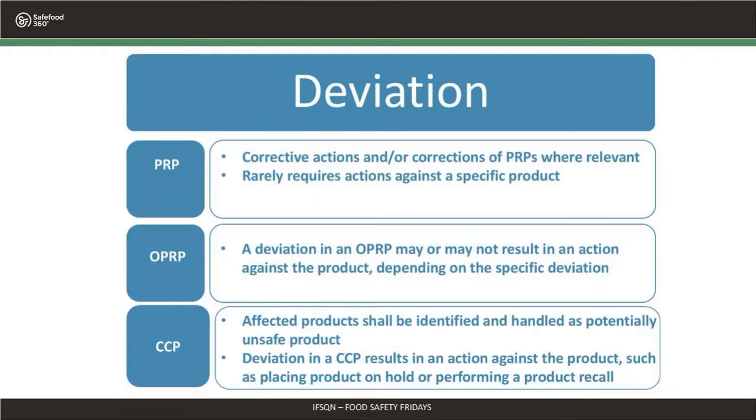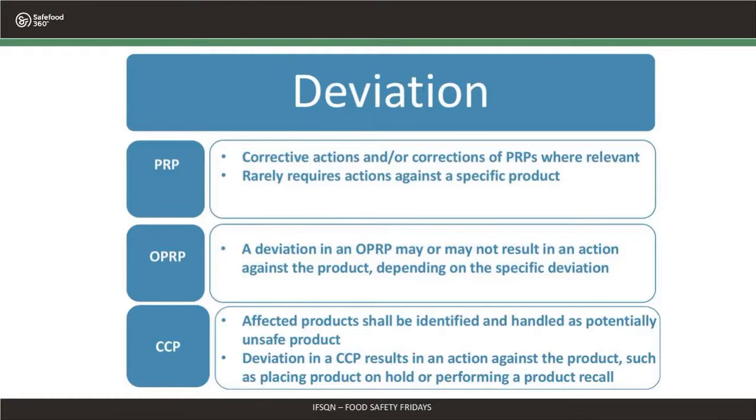If there is a deviation on an OPRP, it may or may not result in an action against the product. It will depend on the specific deviation. So for example, earlier on we had the magnet as an example.